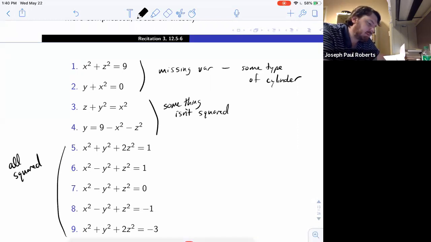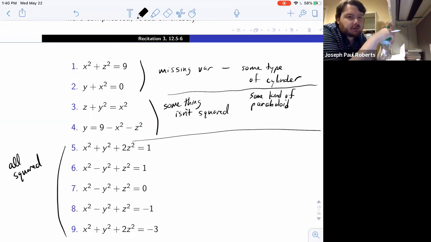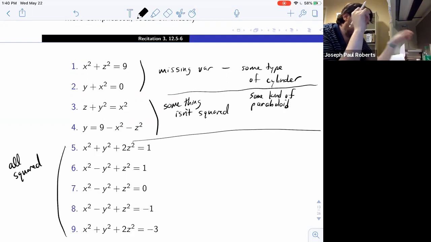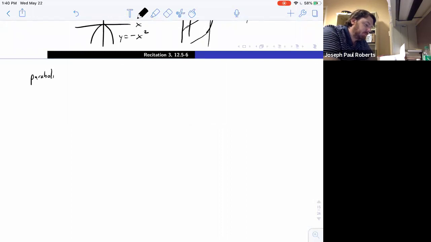And so when something isn't squared, we know that these are going to end up being some kind of paraboloid. That was our rule of thumb: something not squared is some kind of paraboloid. And for the paraboloids, the distinction between elliptic versus hyperbolic.